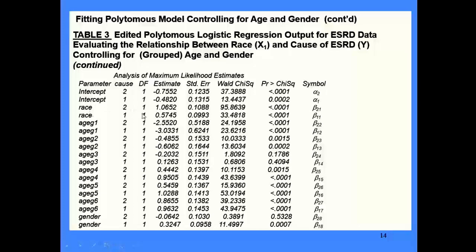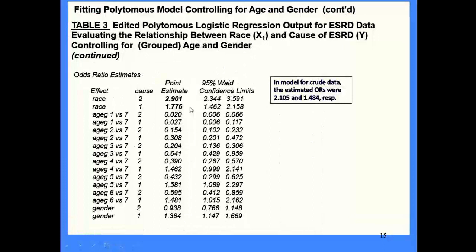And if you exponentiate 0.5745, then you get 1.776. So those are the two odds ratios you get when you control for age and gender. When we ignored age and gender, we got 2.105 and 1.484.